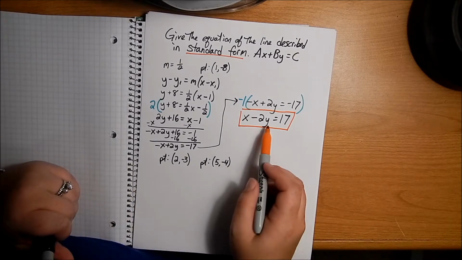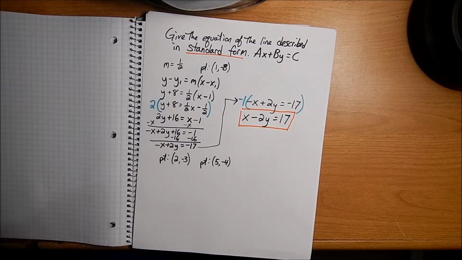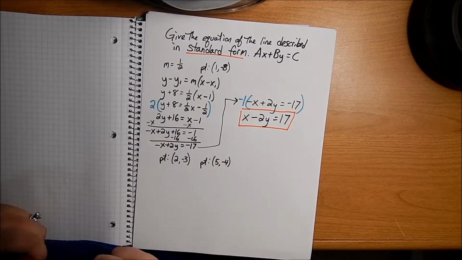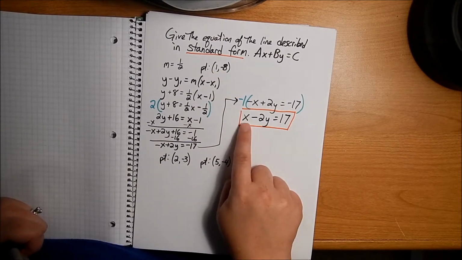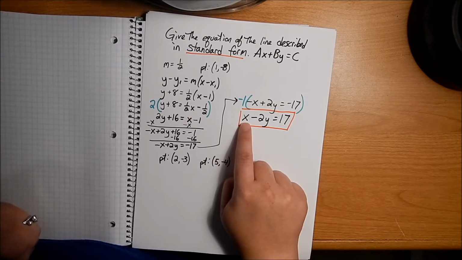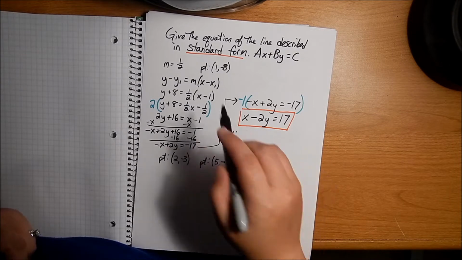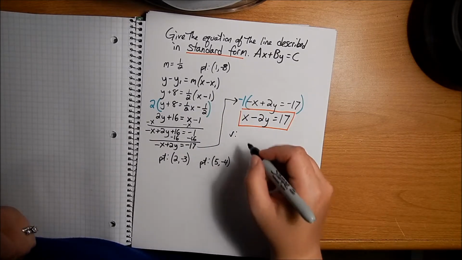Okay, if we wanted to, we could graph it and make sure that it had a slope of 1/2 and it goes through the point 1, -8. If you just plug in 1, -8, let's see real quick. If I plug in 1 for x, so let's do a little check. If I plug in our point, 1, -8, it had better work.